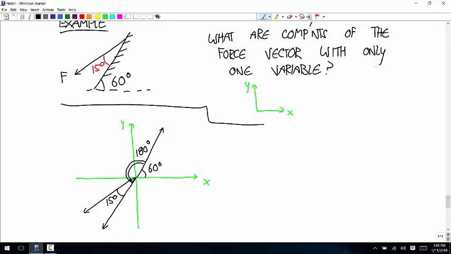This 180 goes all the way to the second one. Okay, so the angle is, we'll just start adding these up now. Theta is equal to plus 60 plus 180 minus 15. So that's 240, 225.